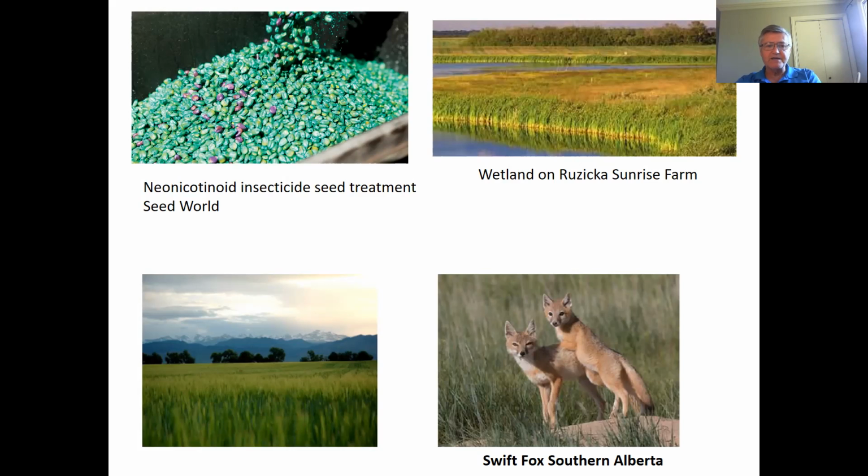There are moves to ban neonicotinoid insecticides, but not yet in Alberta. In most of Europe they're banned, and there are seasonal or restricted bans in Australia, Ontario and Quebec, and no particular ban here in Alberta.